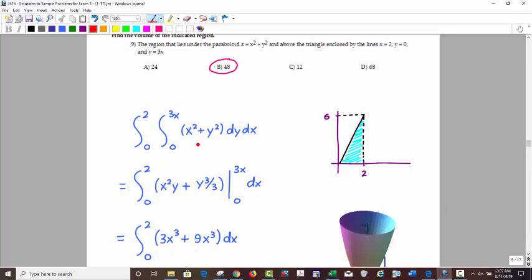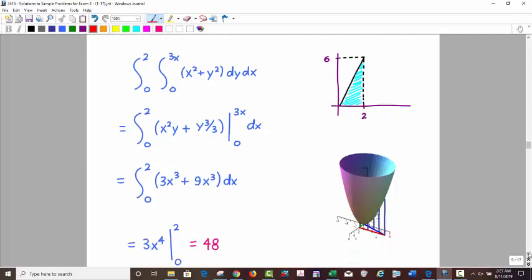So we're going to integrate x squared plus y squared dy dx. We're going to go lower to upper, 0 to 3x. And then left to right, we're going to go 0 to 2. And the first one's antiderivative with respect to y. So I do that. So it's going to be x squared y. And then y squared will be y cubed over 3.